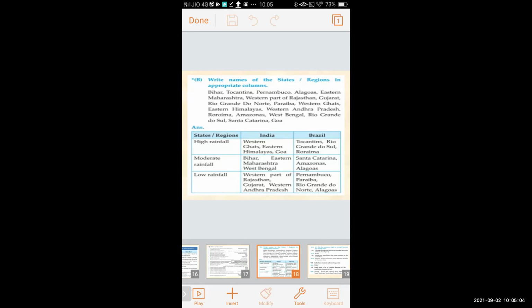These are the states of India and Brazil. We have to classify these states in India and Brazil as per the rainfall.